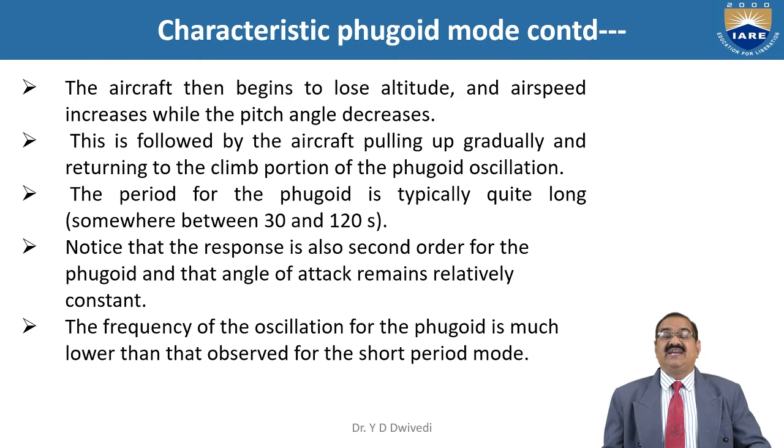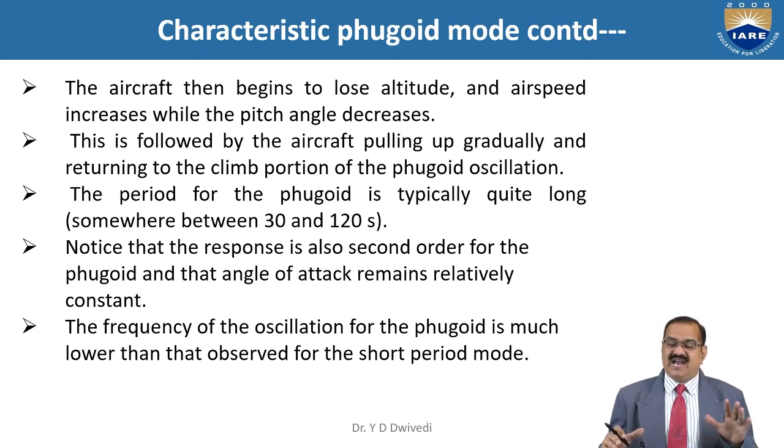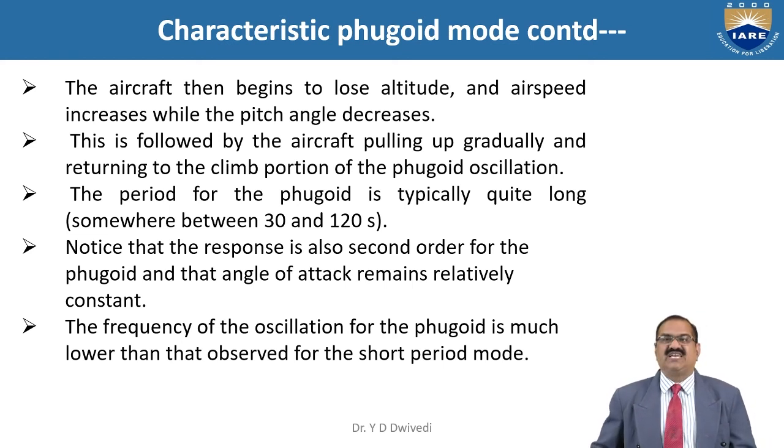So it is taking a lot of time to stabilize. Notice that the response is also second order for the phugoid and that angle of attack remains relatively constant. The frequency of the oscillation for the phugoid is much lower than observed for the short period mode. So the frequency will be very low, but the time it takes is more.